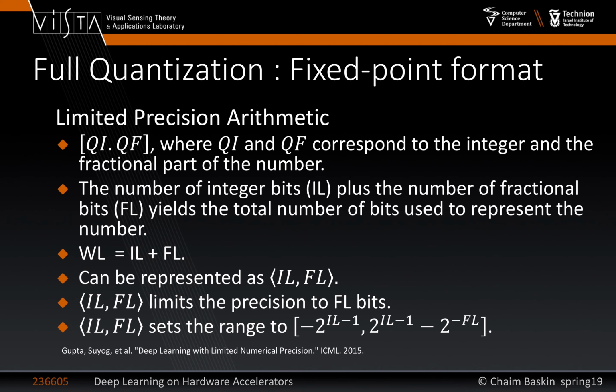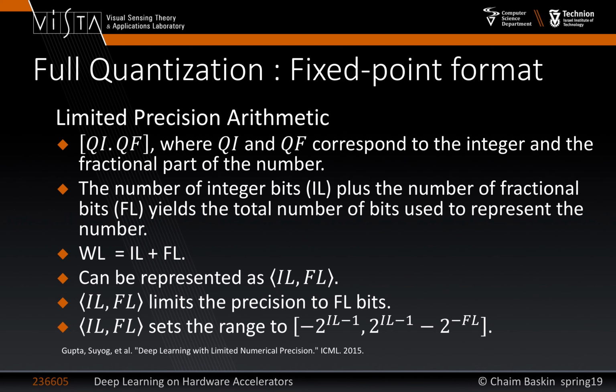So let's start with full quantization, using the fixed point format. This is limited precision arithmetic, where we define QI and QF, which correspond to the integer and the fractional part of the number.